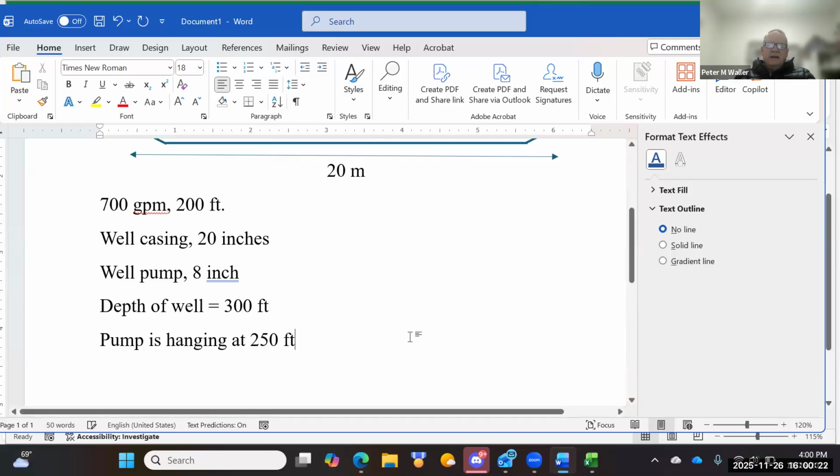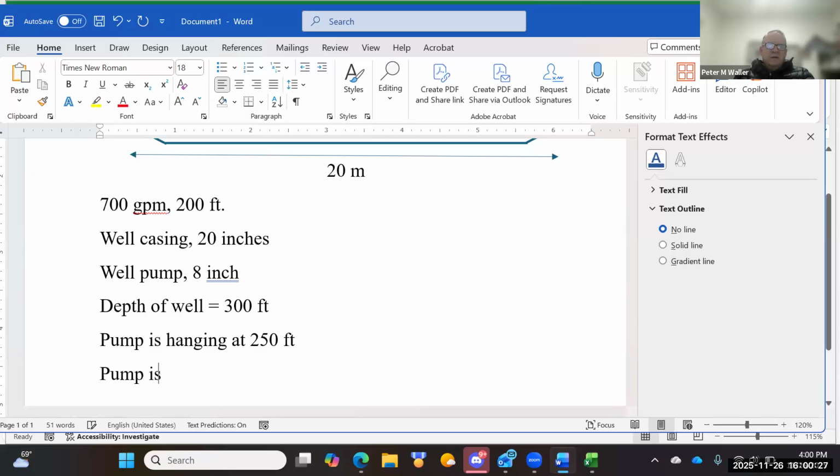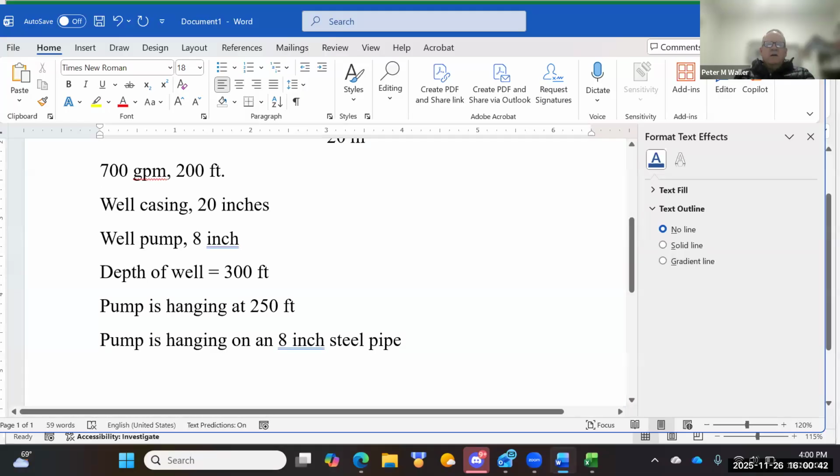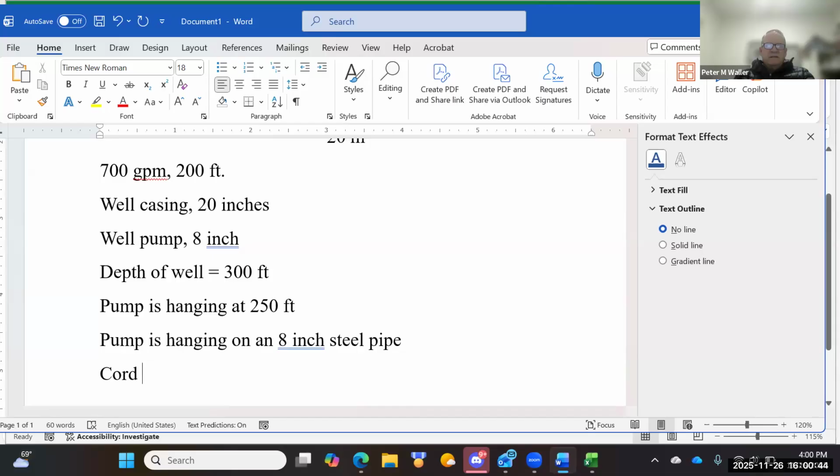The pump is hanging on an 8-inch pipe, so it's 8-inch steel pipe. That's what supports the pump in the well. And then we have a cord going down the 8-inch steel pipe to the submersible pump.